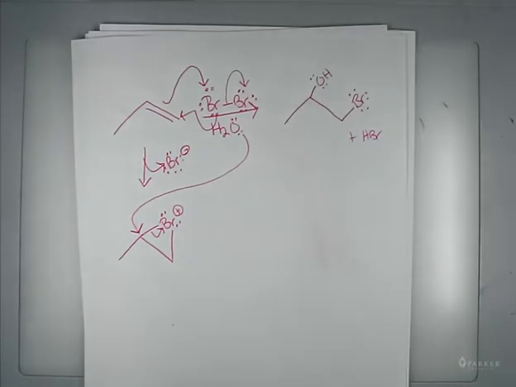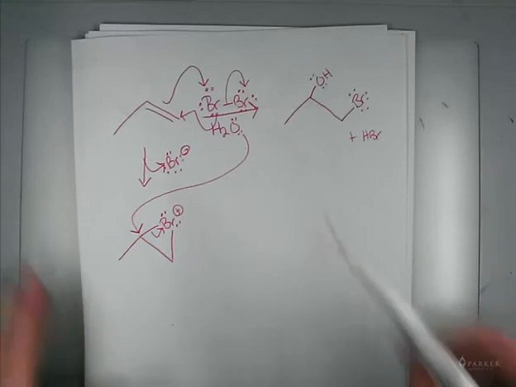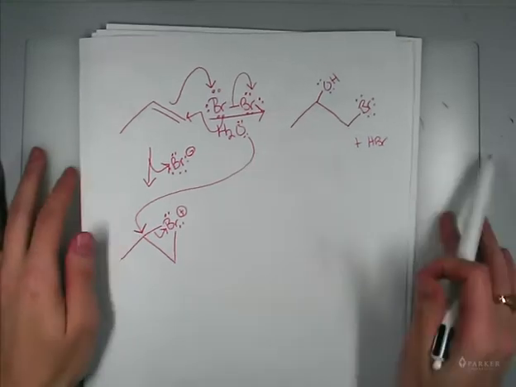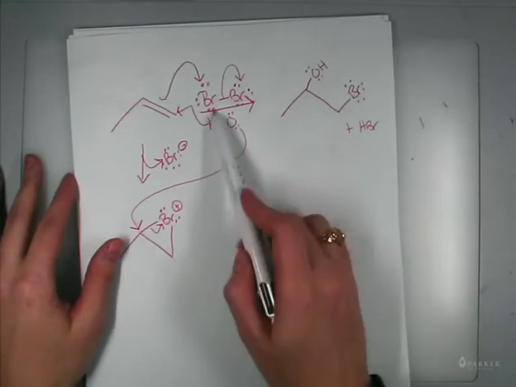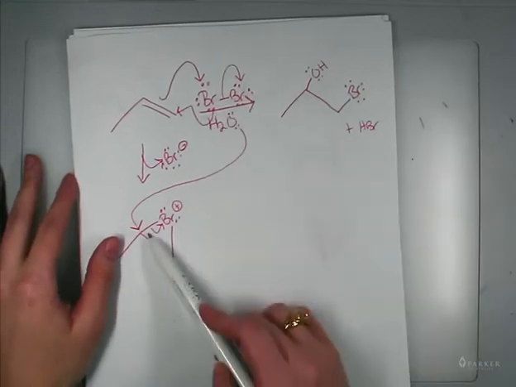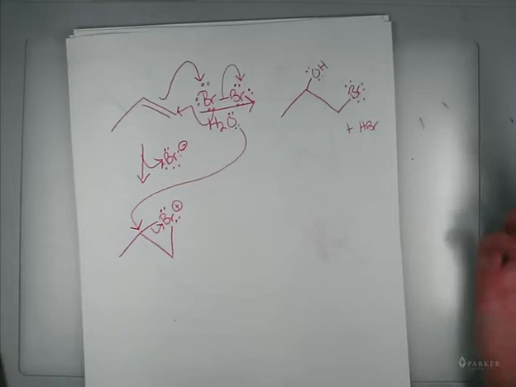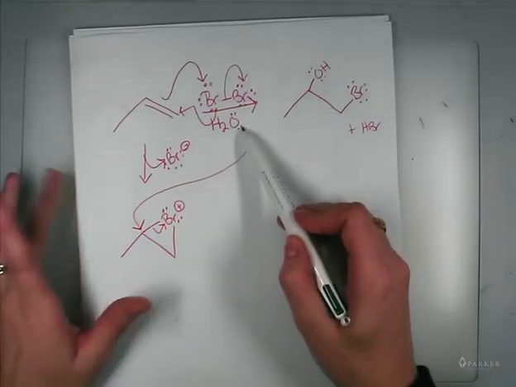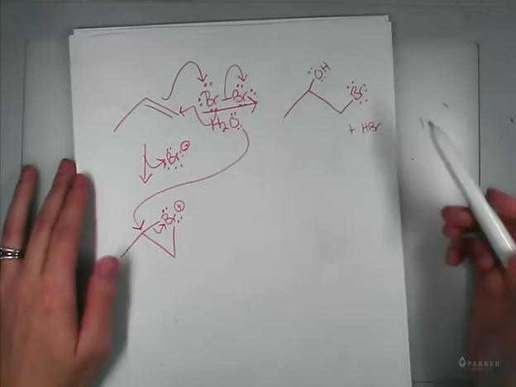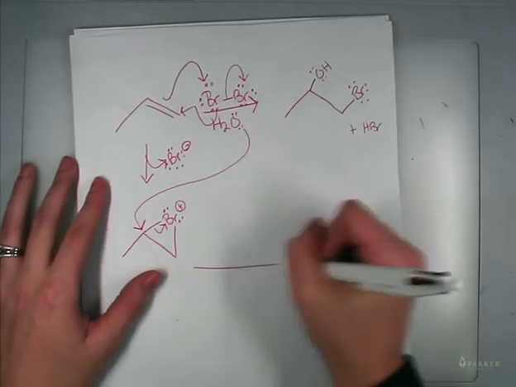So they put in 10 to 20 times the amount of water to make sure that water attacks. Now, does some of this bromine attack here instead? Of course, probably a little bit. But they put in so much water that the majority of it, your major product, will be this.